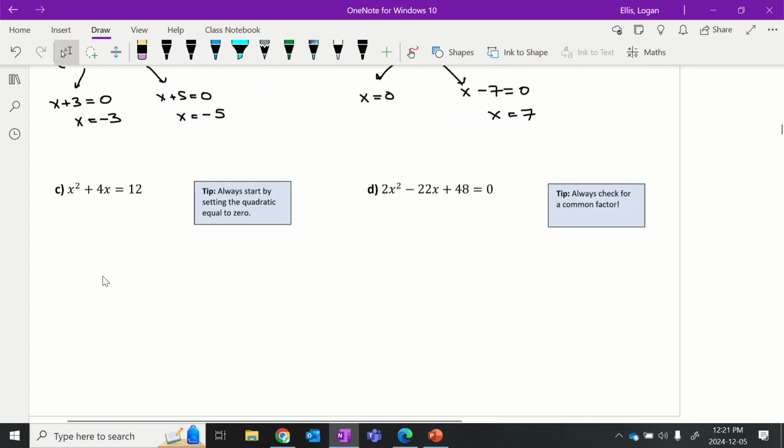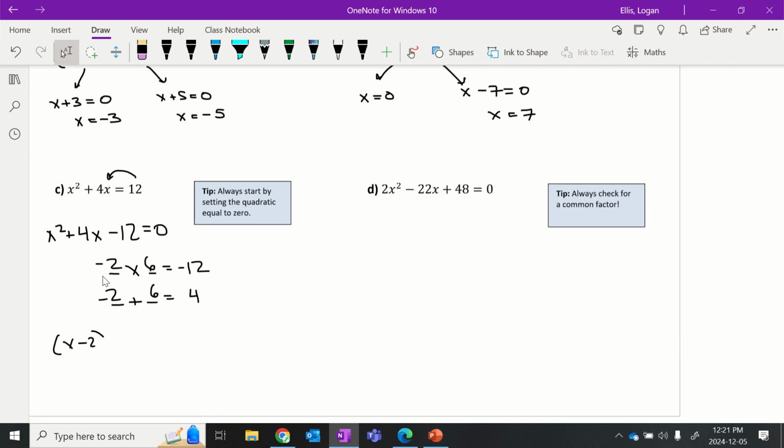This one, you need to make sure everything is on one side. So we're going to move that 12 across. That's the strategy for these here. So x squared plus 4x minus 12 equals 0. And again, we're looking for two numbers that multiply to negative 12 and add to 4. And if you are up to speed on your factoring, you know that that would be negative 2 times 6 is negative 12, and negative 2 plus 6 is 4.